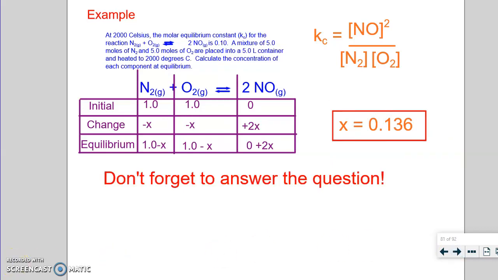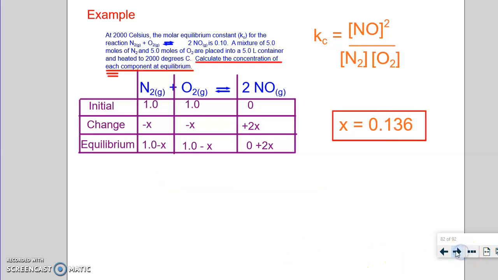It's very tempting at this point to pat yourself on the back and move on and say, well, x is 0.136, but notice that 0.136 isn't the answer to any of the questions they asked us. Well, what was the question? The question was, calculate the concentration of each component. So we need three answers. We need to know what the NO is at equilibrium, what the O2 is, and what the N2 is.